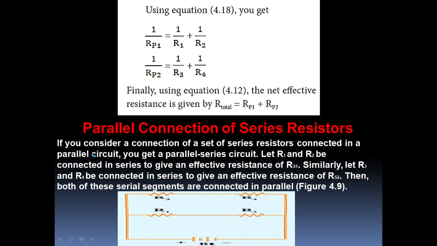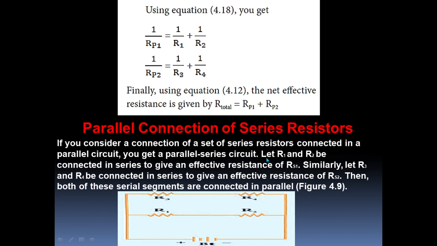Here, if you consider the connections of a set of series resistors, R1 and R2 is one set of series circuit, then R3 and R4 is another set of series circuit. Both the series resistance circuits are connected in parallel pattern. Series circuits connected in parallel, you get a parallel series circuit.